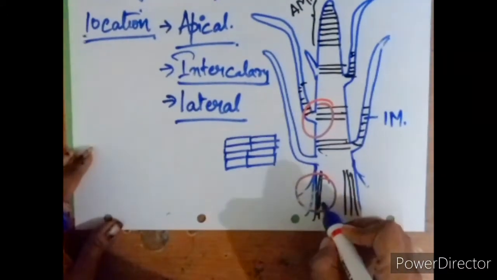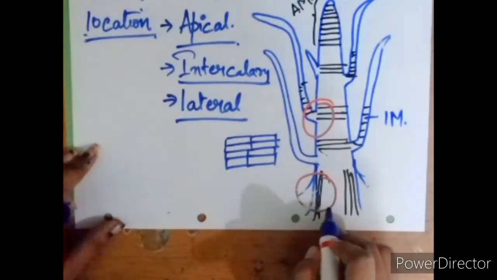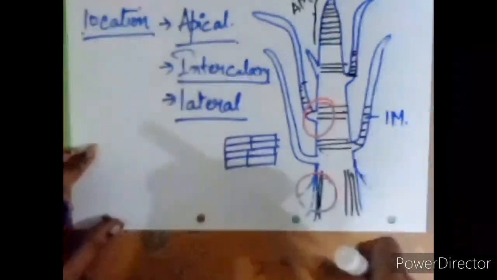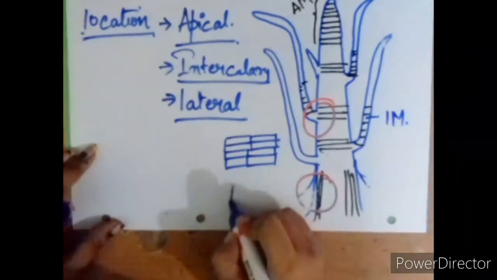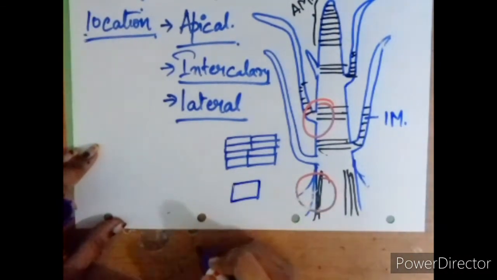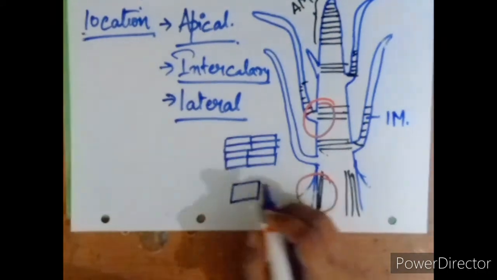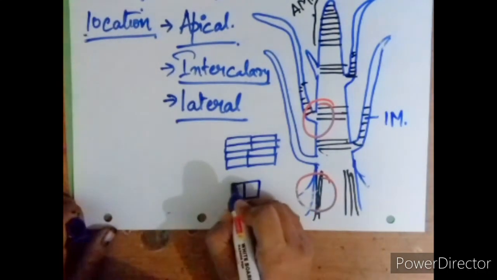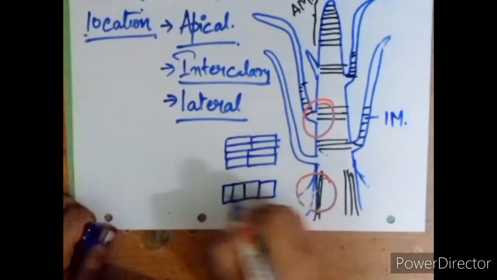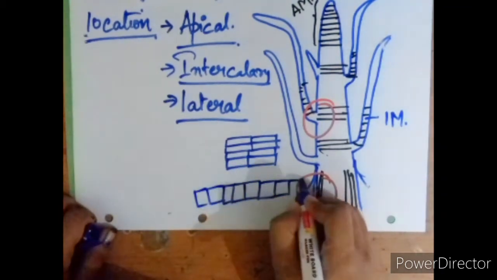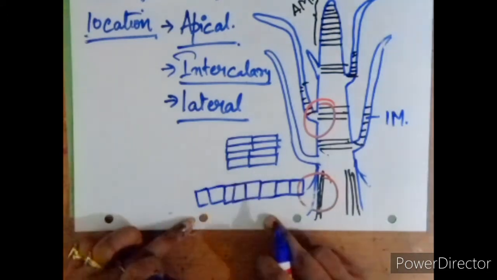Now see over here, in the lateral section, when the cell is dividing in a vertical plane, for example I have a cell again, and the cell is continuously dividing in a lateral plane. So one division, then second, third, fourth. Okay, if the cells are dividing in this manner, then what is happening?